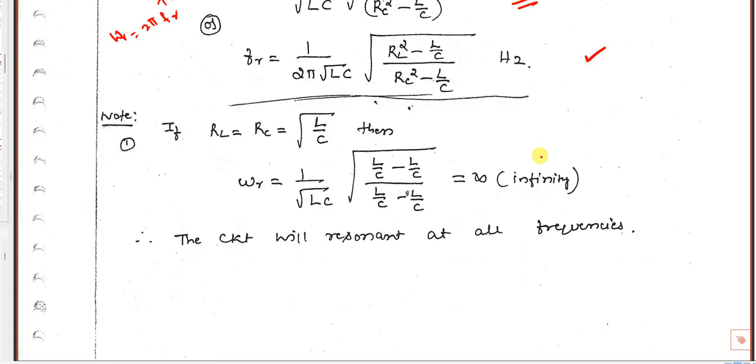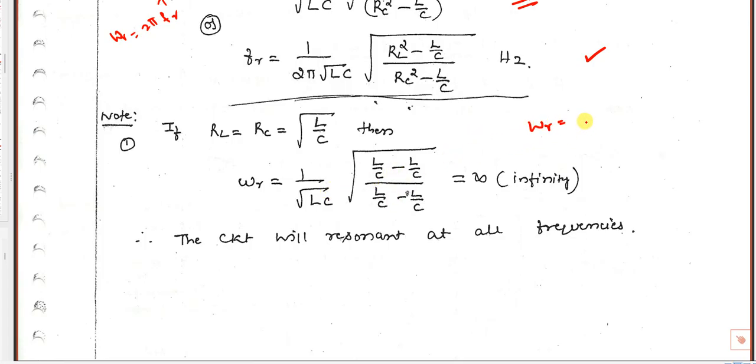So next, some conditions for this additional part. Suppose RL and RC are both equal to root of L by C. Then RL squared is L by C, and L by C minus L by C gives 0.